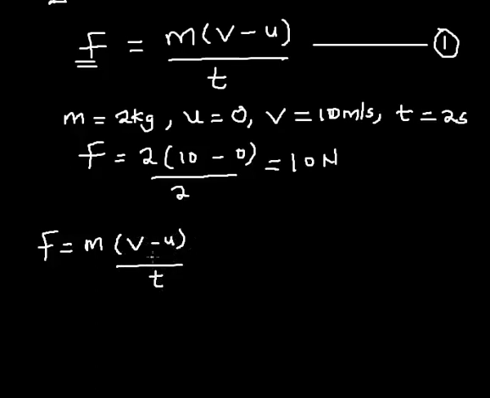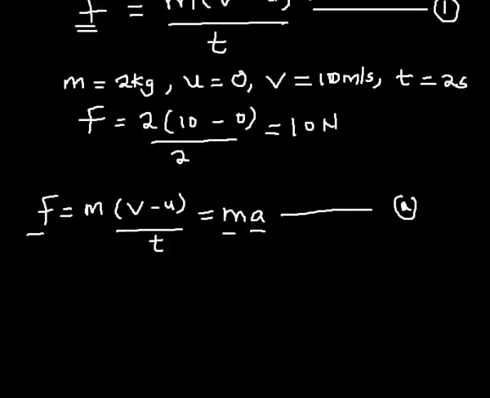When we treated linear motion, v minus u all over t, change in velocity divided by time, is always acceleration. So that means force can also be given as mass times acceleration. Let me call this formula number 2. We either express force as change in momentum over time, or as mass times acceleration.